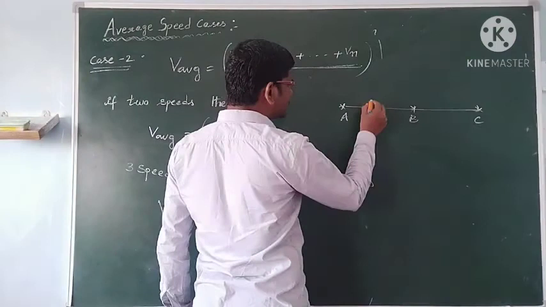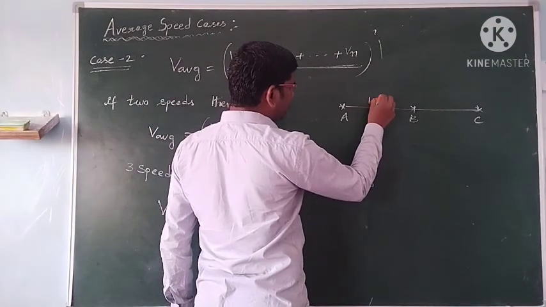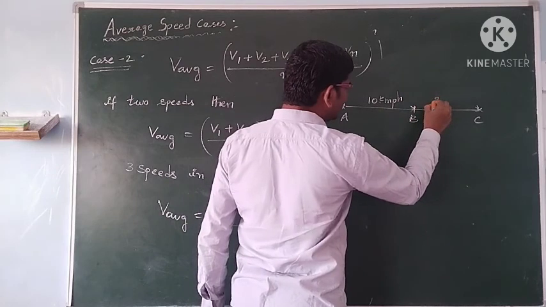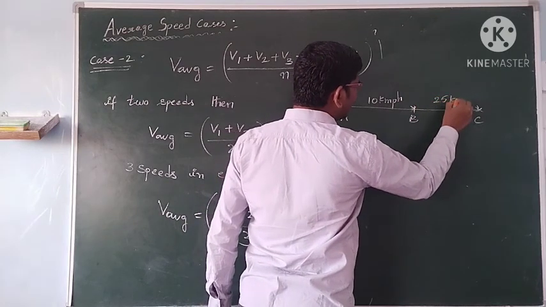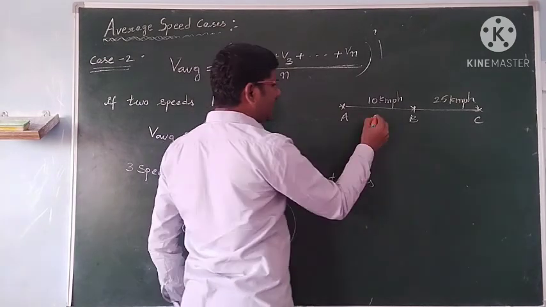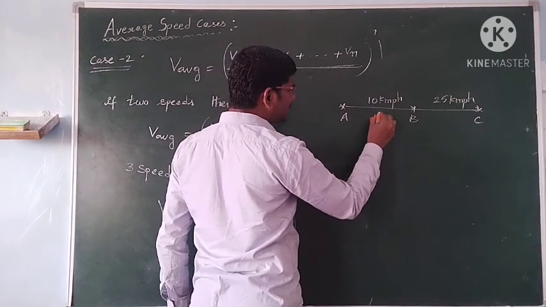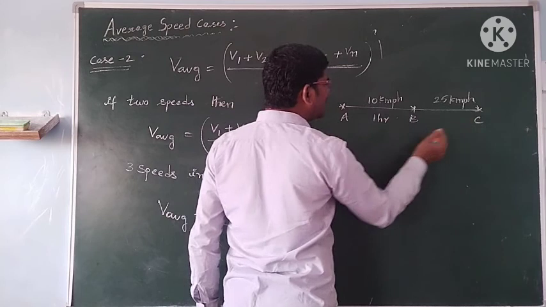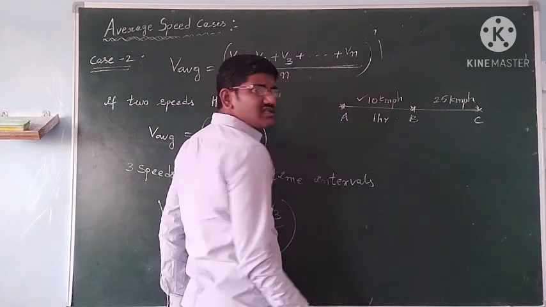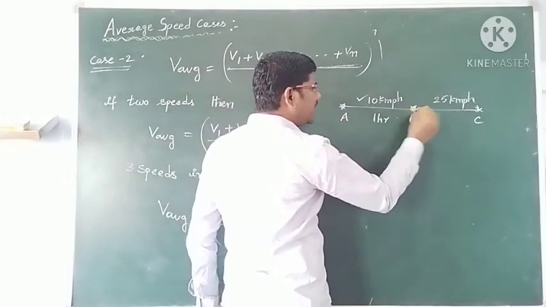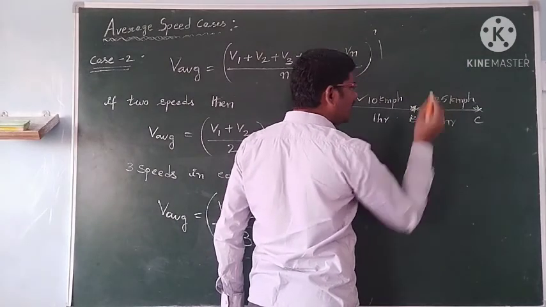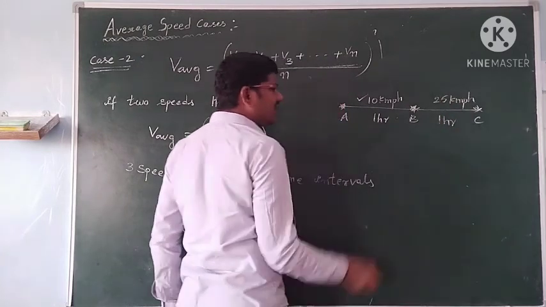A to B with a speed of 10 km/h and B to C with a speed of 25 km/h, and time intervals are the same.